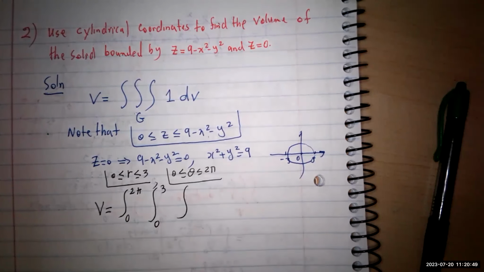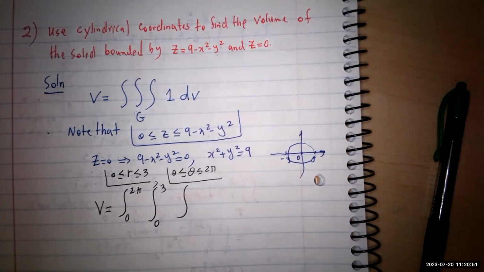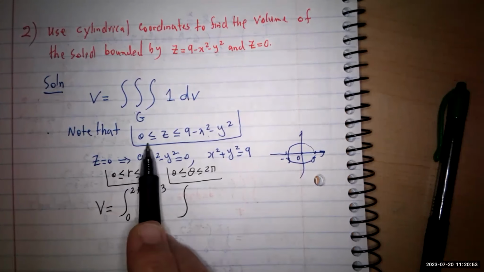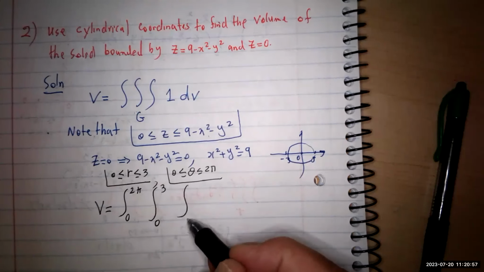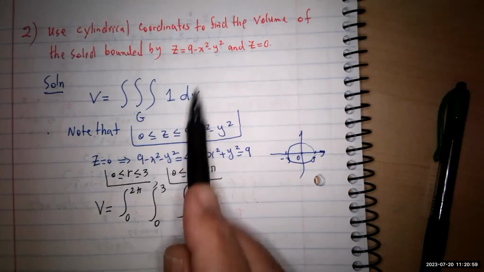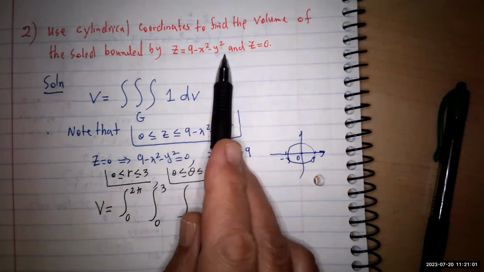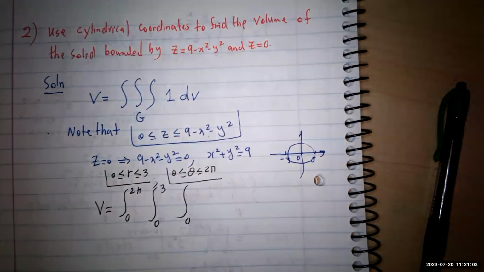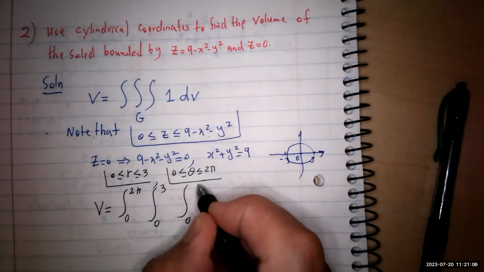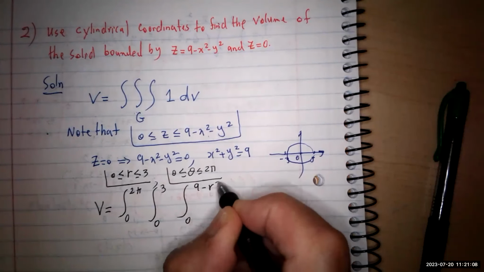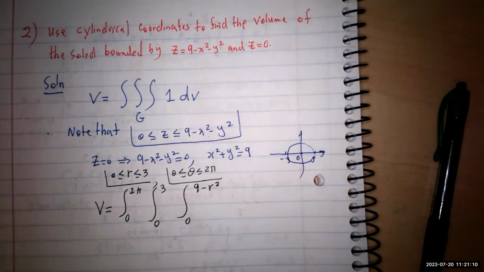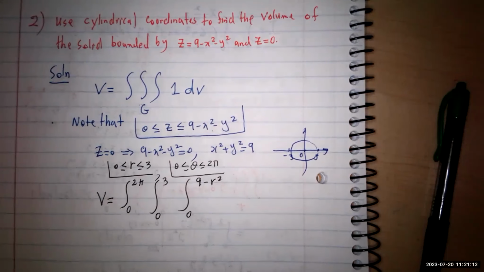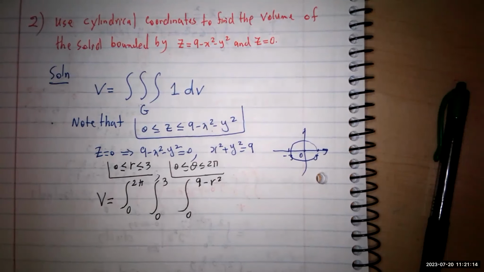And we go with z, between 0 and 9 minus x squared minus y squared. You have to write this in polar form, which is 9 minus r squared, because in cylindrical coordinates everything must be in terms of r and theta.